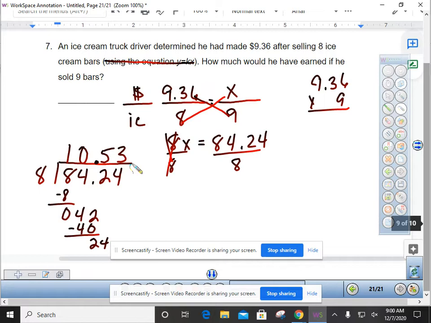Yeah, so you could use that, but you would need to use the 8 because those are the two that go together. So what you would do in that situation is you could also take $9.36 and divide it by 8. That's going to give you the price of 1, right? And then what would you do with that price to figure out for 9? Multiply it to figure out for 9.